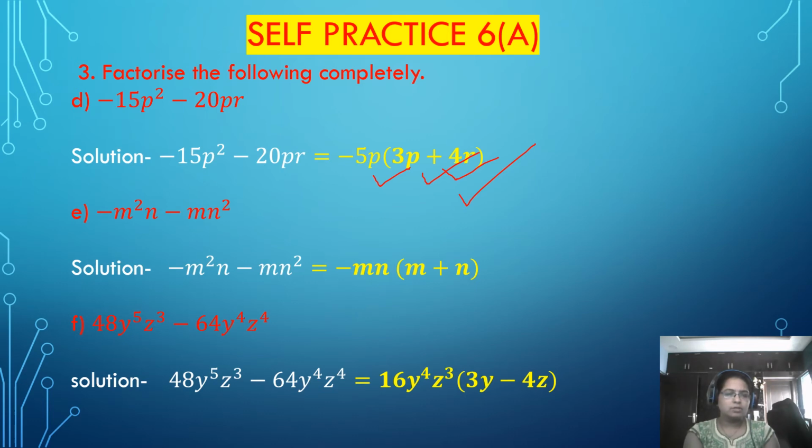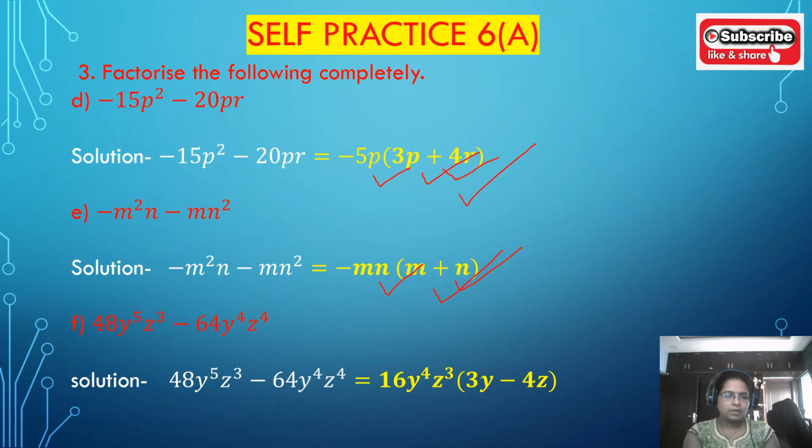So here minus mn is the common factor. Minus mn multiplied with m is minus m square n, and minus mn multiplied with n is minus mn square. So minus mn multiplied with m plus n. So minus m square n minus mn square is the product of minus mn and m plus n.